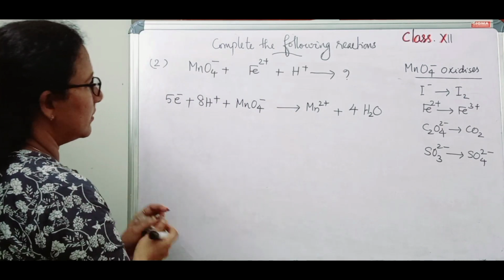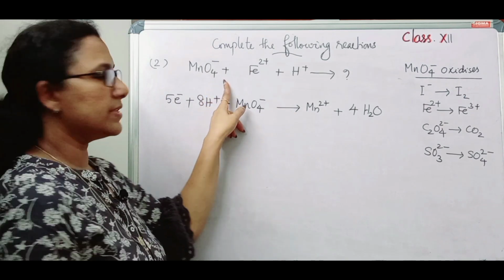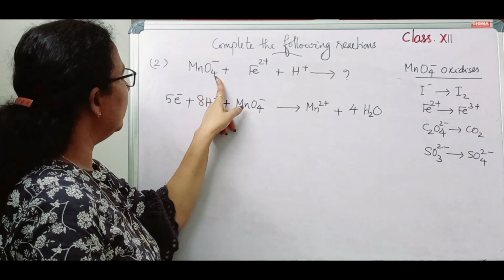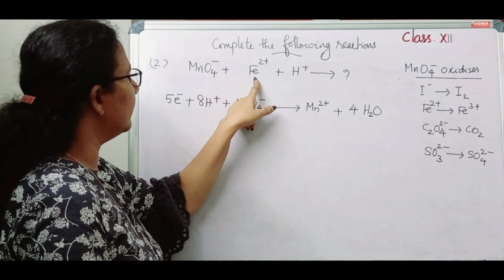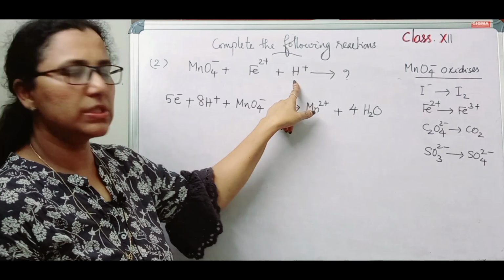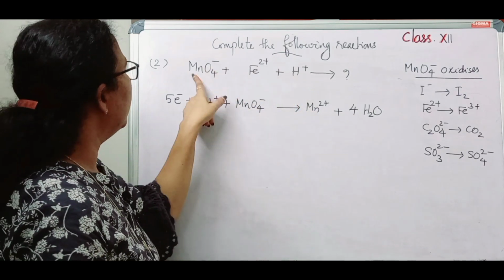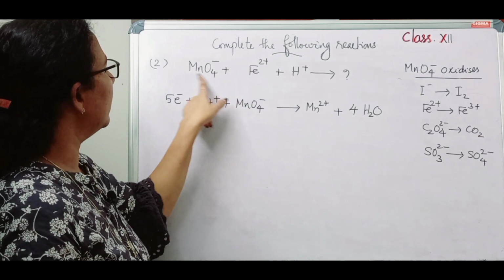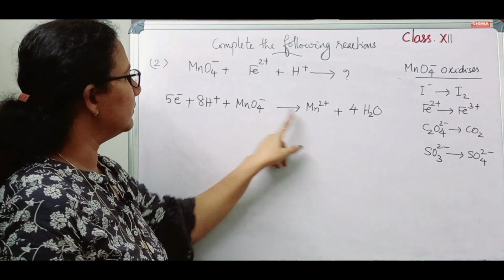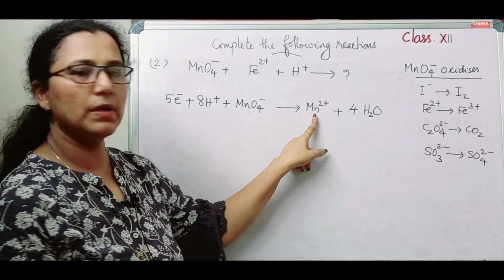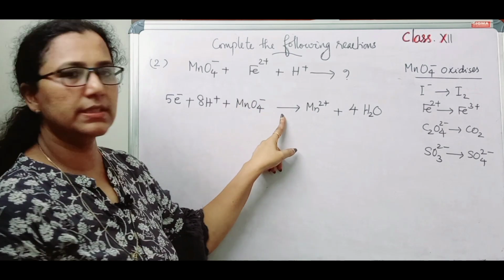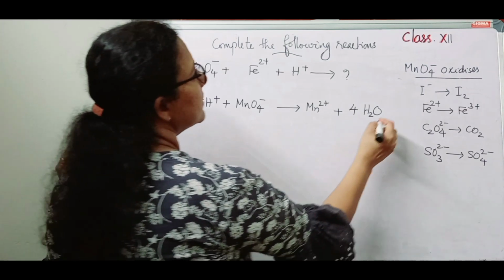In this question also we can write the first part the same: in the presence of H plus, or in the presence of acid, MnO4 minus oxidizes Fe2 plus. The change of MnO4 minus to Mn2 plus is the same in this case. So this part is the same. This is the first equation.